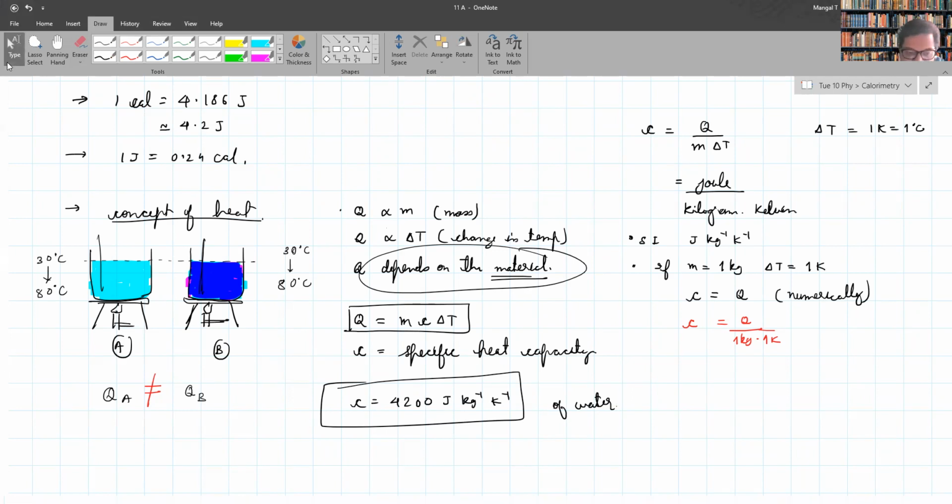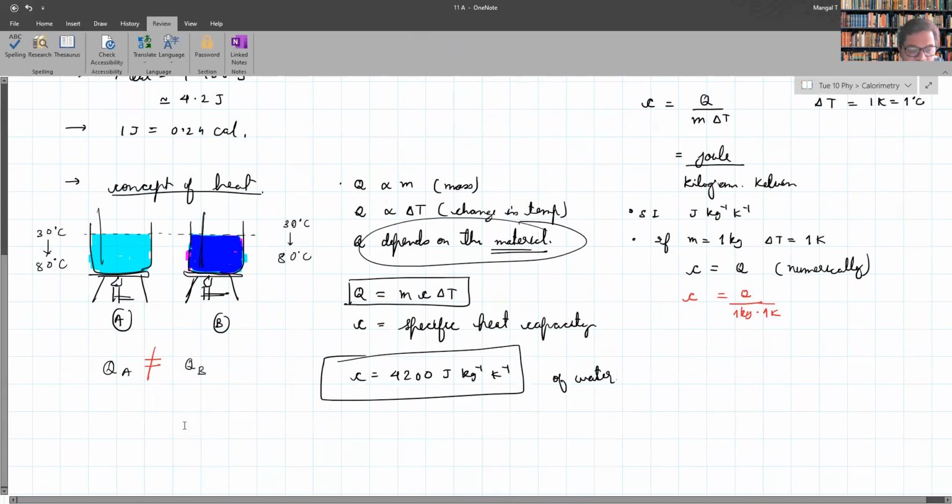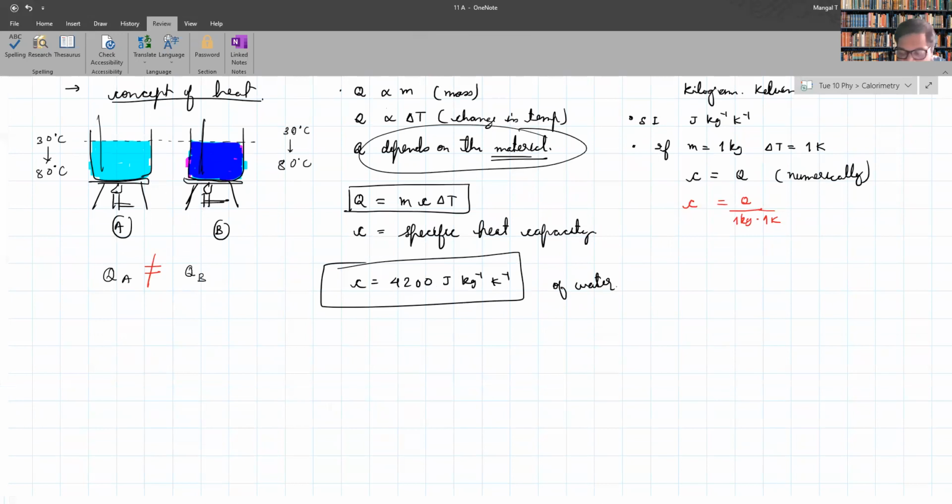This is similar to the question that we had discussed earlier in the topic of light, that refractive index is 2, what do you mean by that? Similarly, what is the meaning of specific heat capacity of water being 4,200 joule per kg per Kelvin?